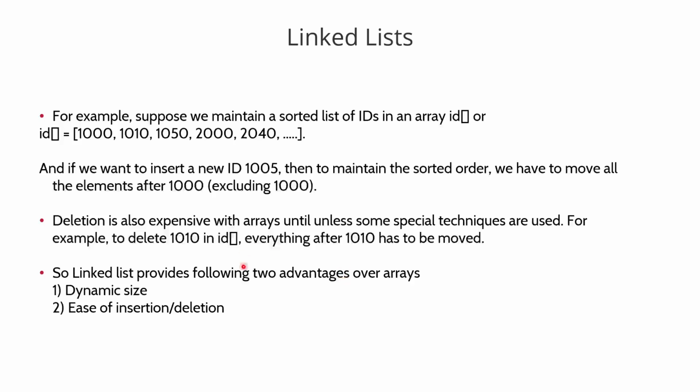But linked lists provide two advantages over arrays: dynamic sizing and the ease of insertion and deletion. So we don't have to know the upper limit of a linked list. We can grow a linked list dynamically, or delete from it dynamically.